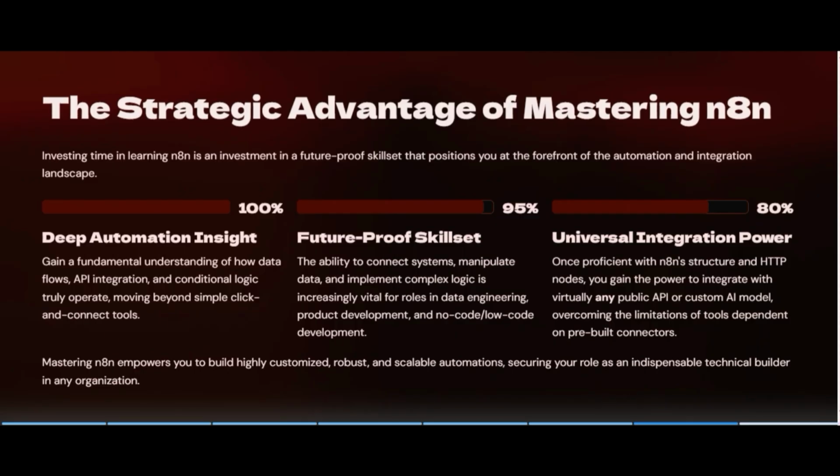Nodes are the basic building blocks of automation, and there are four types: action nodes, logic nodes, trigger nodes, and AI and core nodes. Real-world examples include an email agent and content creation, and you can gain the fundamentals of automation.